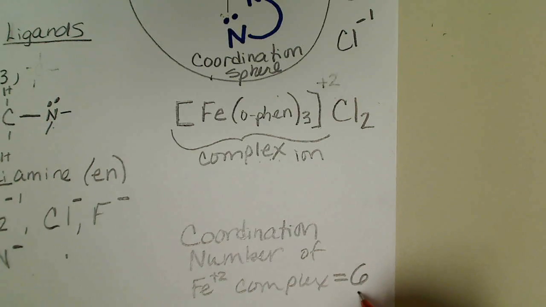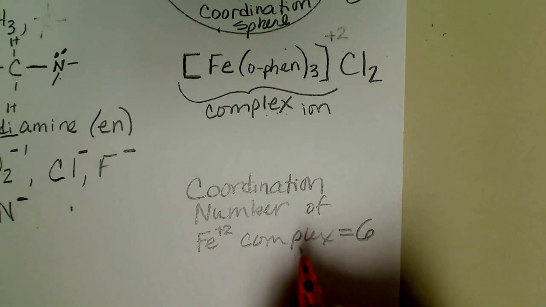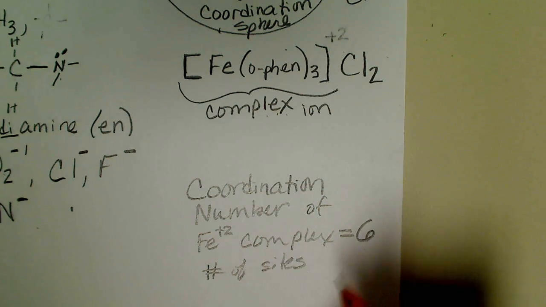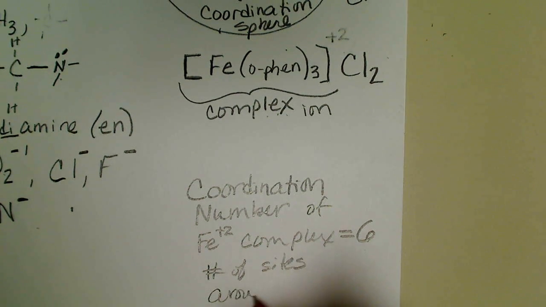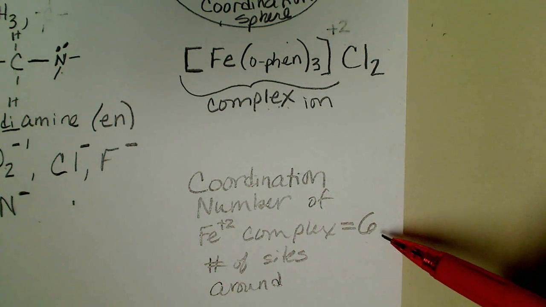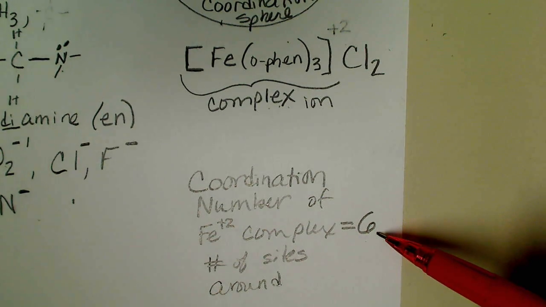So the coordination number is the number of sites around the metal. And we are going to see a coordination number most commonly of 6 and sometimes 4.